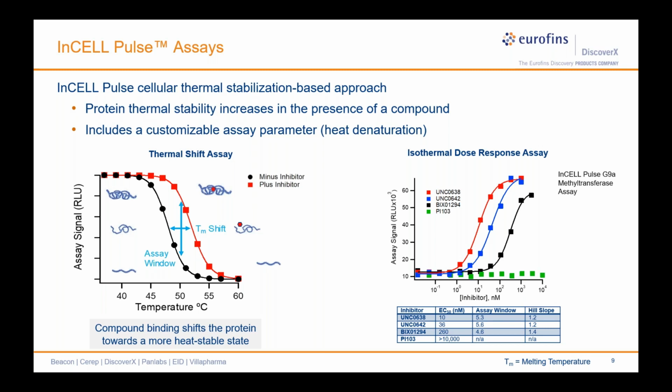So on the right-hand side, you can see we have some curves from 4 compounds. These compounds were tested in a G9A methyltransferase InCELL Pulse cellular target engagement assay. And this was done at a single temperature and using different concentrations of these 4 different inhibitors.